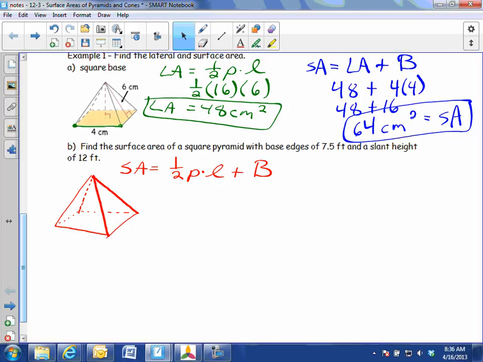And we can draw the base edge of 7.5 feet and the slant height. If you ever have a desire to draw a pyramid, that's kind of how to do it.